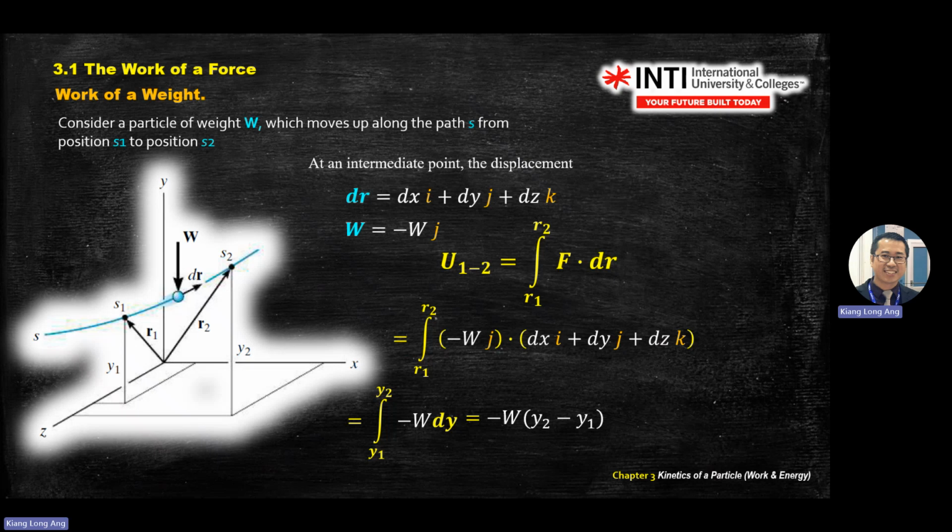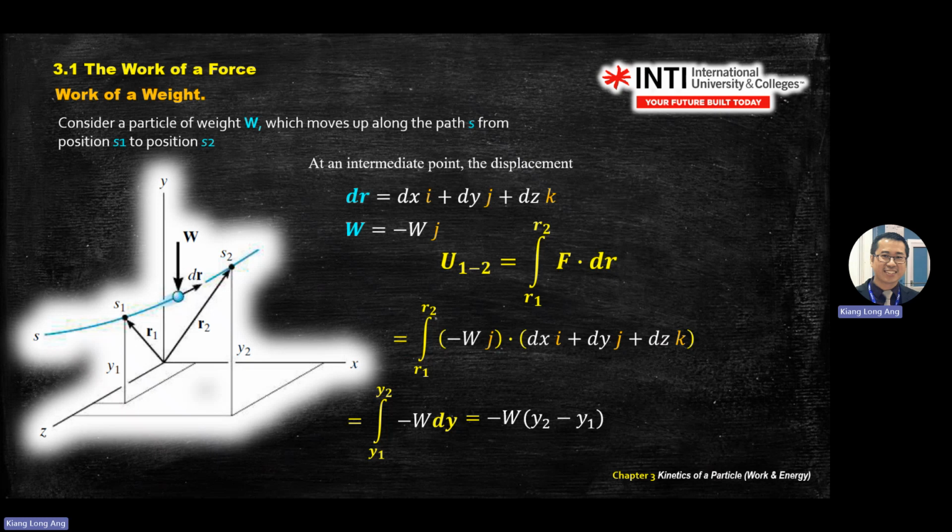Okay. So at the end, you only get dy. It's the same as integrating your y. Your r, you can change to y because the other directions give you 0, because your x direction and z direction are all perpendicular to your force.